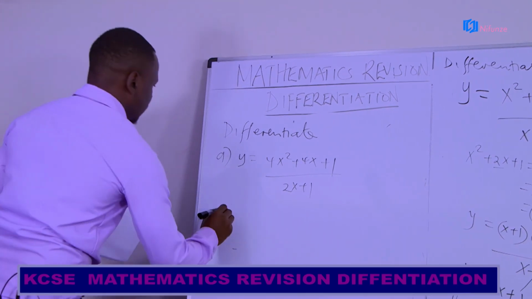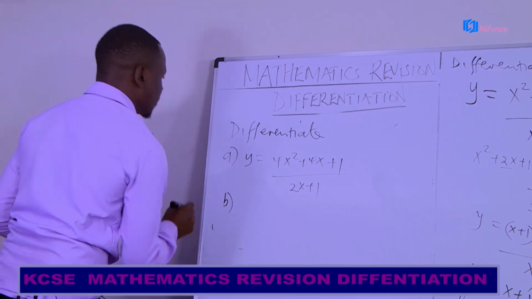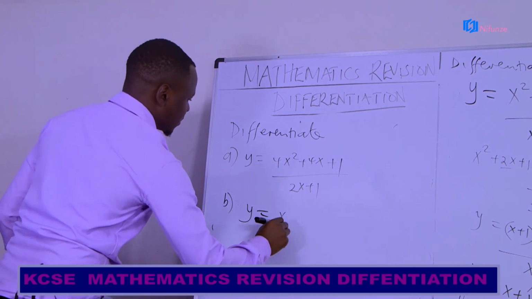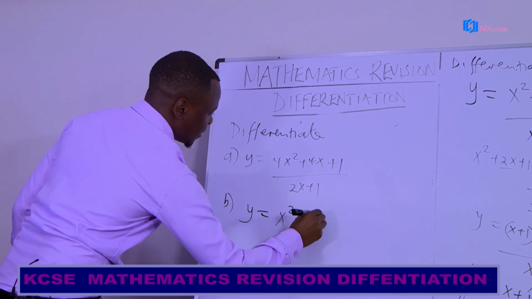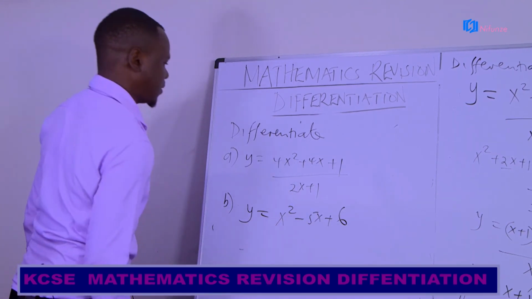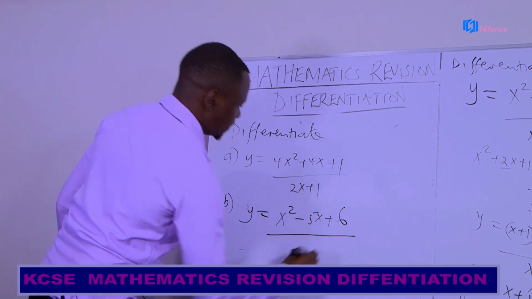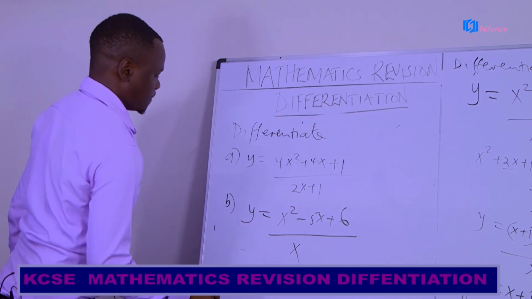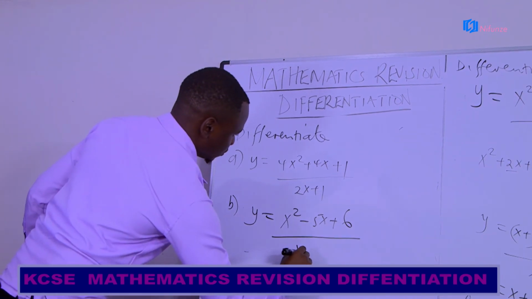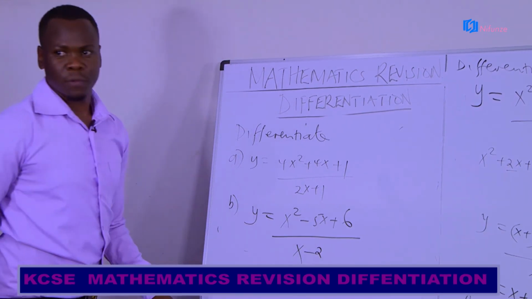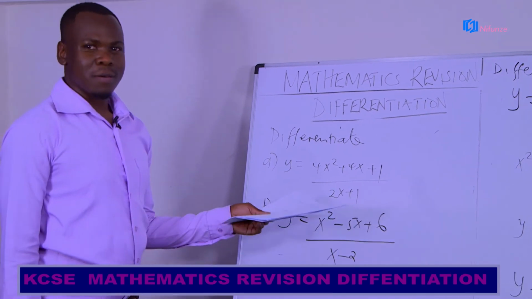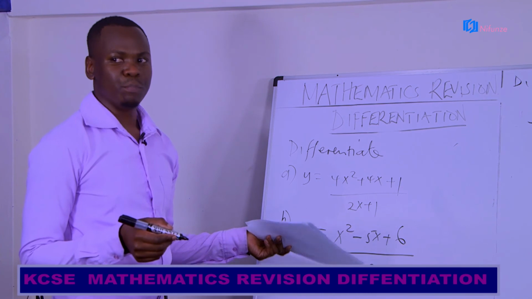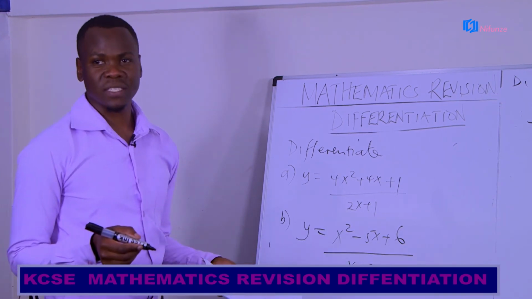Second case is y is equal to x squared minus 5x plus 6 all over x minus 2. So make sure, remember what we said, you have to factorize first before differentiating.